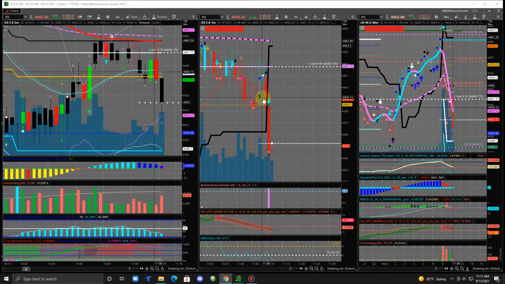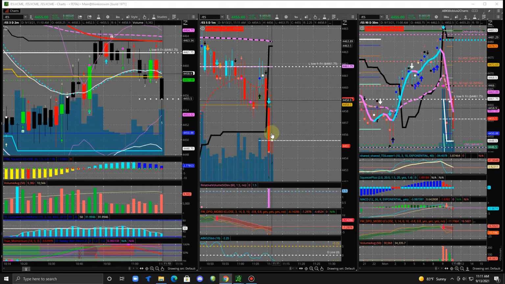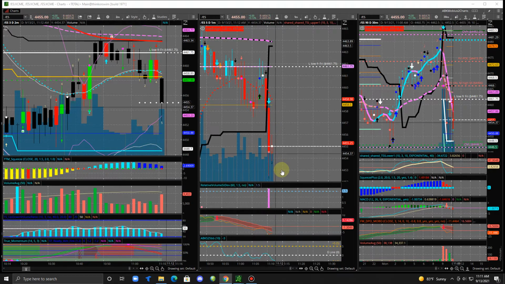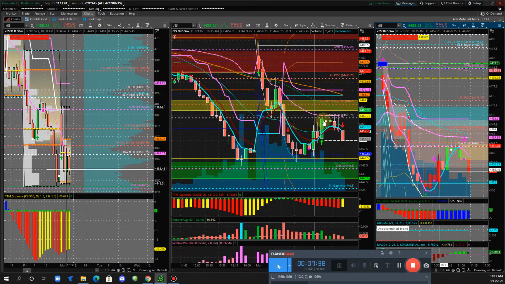So we did get a big break of the ATR in the 1 minute. Doesn't mean it's going to keep going, but it is a better confirmation of direction when you start breaking these ATR levels. Having tracked a lot of them, they tend to result in some continuation, especially when we're following the trend of the day.